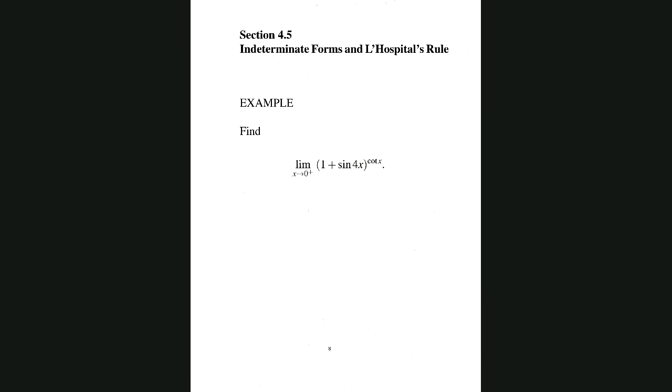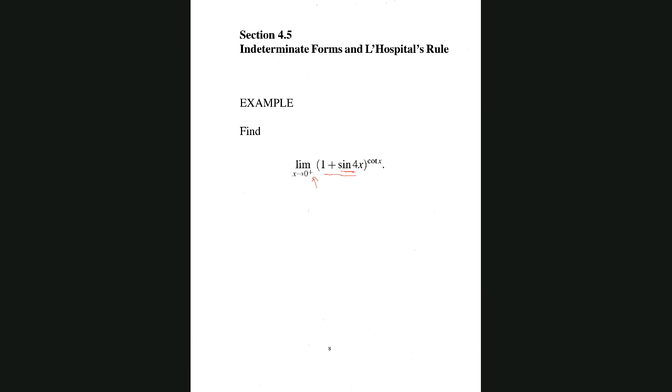Now for this problem, we're looking at the limit as x approaches 0 from the right of 1 plus the sine of 4x, raised to the cotangent of x power. So let me ask you, what does the sine of 4x approach as x approaches 0? I mean, 4 times 0 is 0.